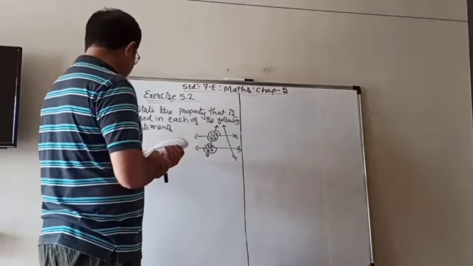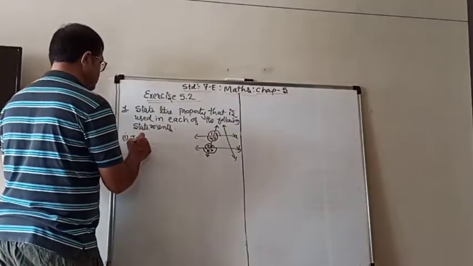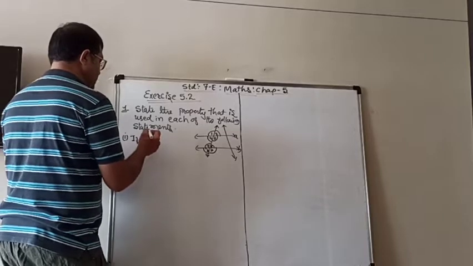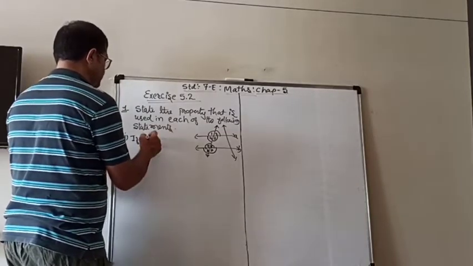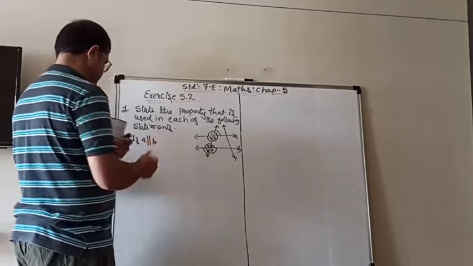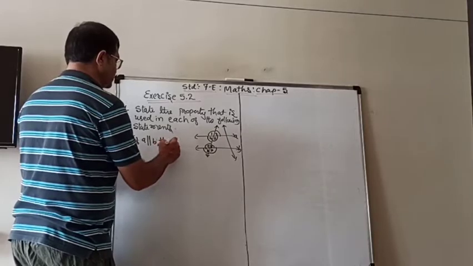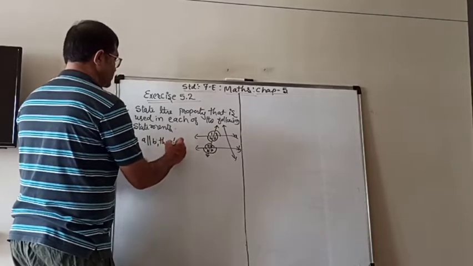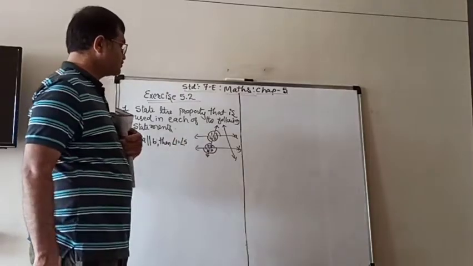Question number 1. In 1, if A is parallel to B, then angle 1 is equal to angle 5.